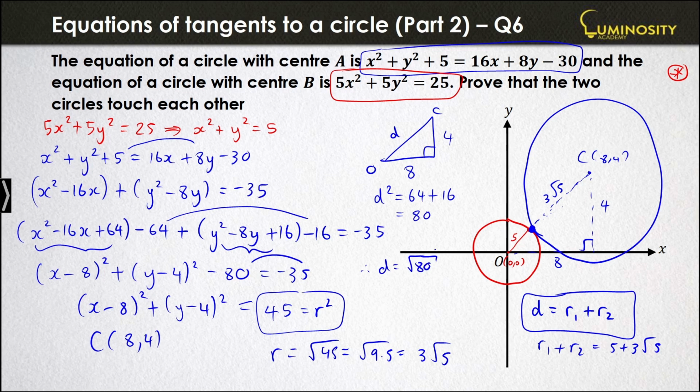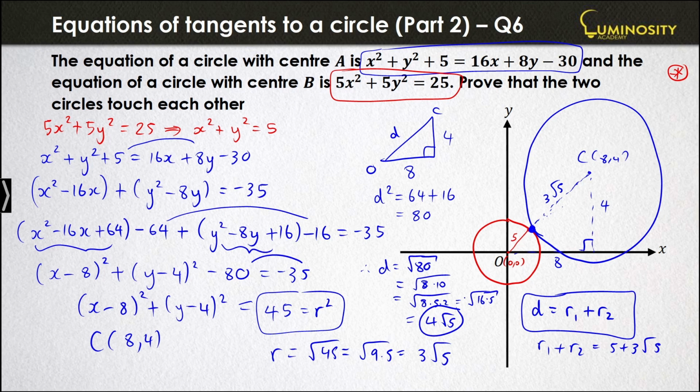I don't think it's 5 plus 3 root 5. So let's see if we made a mistake somewhere. The square root of 80 can be broken up into 8 times 10, but then 10 is 5 times 2. So we have 16 times 5. There's the perfect square I'm looking for. So that's 4 root 5.